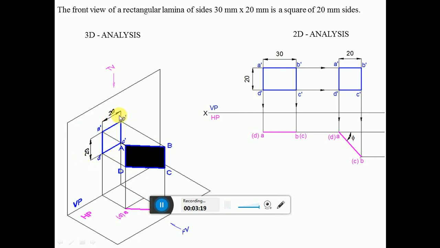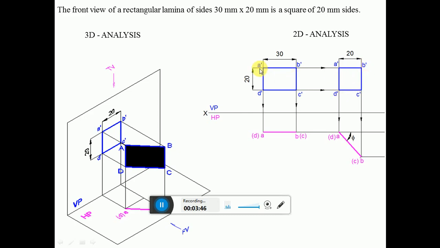Unlike the previous problem, you construct the 20 mm square first. Project from A dash, B dash, and draw a horizontal projector from C, D, then at any distance draw a vertical line. You will get 20 mm, because this is 20 and this is also 20. Then take A dash, B dash as 20 mm and construct a square.